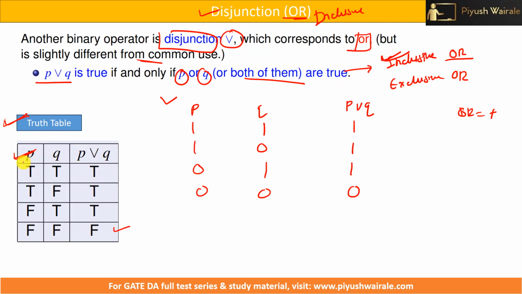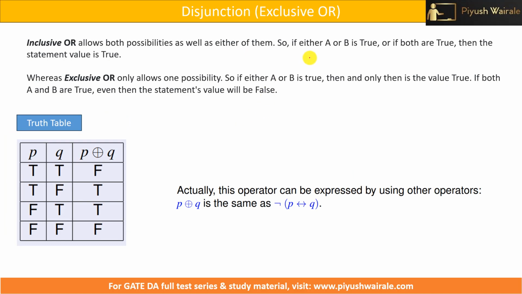But in the case of the OR condition, if either P or Q is true, then P or Q is true, right? Only when both propositions P and Q are false can we say P or Q is false. So this is the difference between the OR and AND operators. Please remember this point. You just need to compare them. That's it, right?